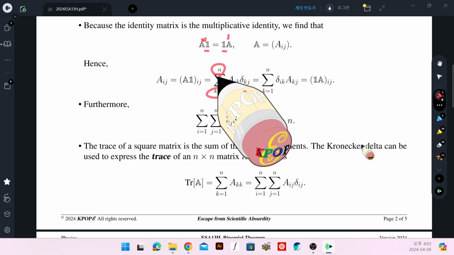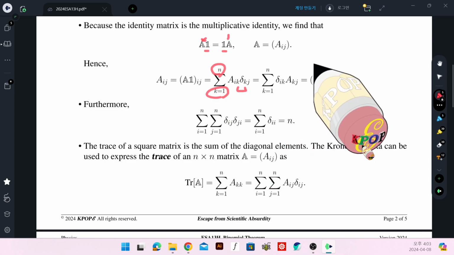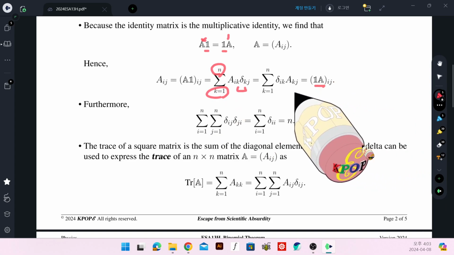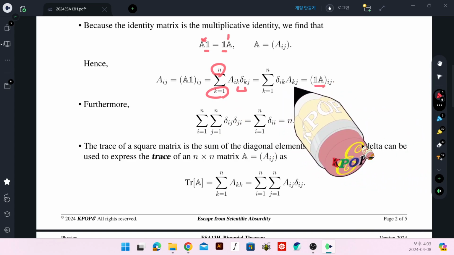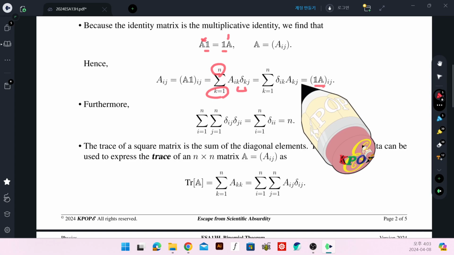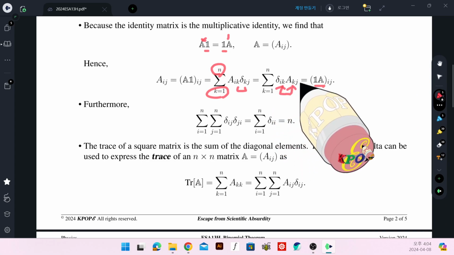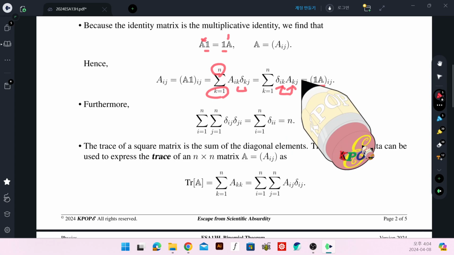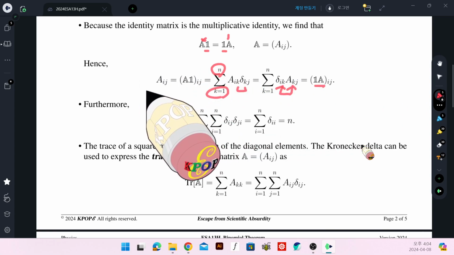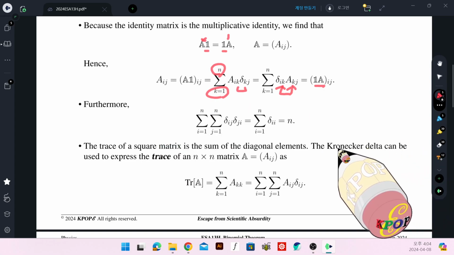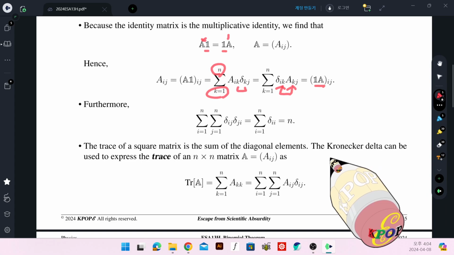In a similar manner, I can always compute this like that, delta ik and a_kj. If I sum everything, every element running from 1 to n for the k index, then I have the same result, reproducing the matrix A, because the multiplicative identity matrix has this property.